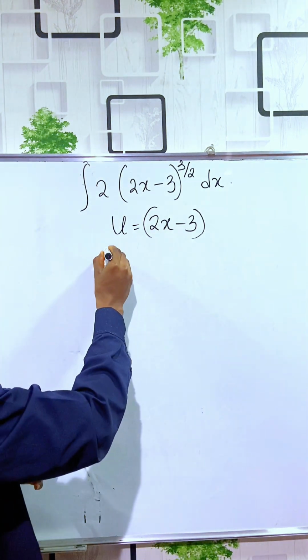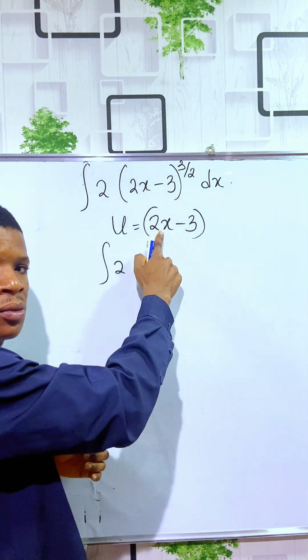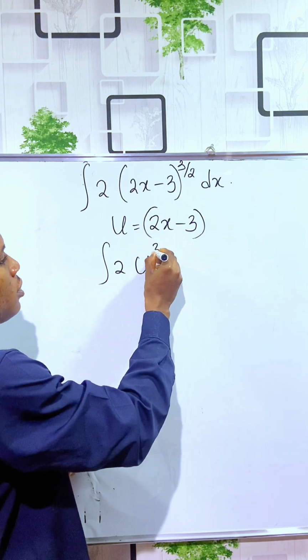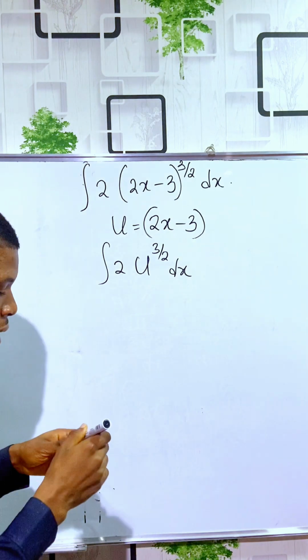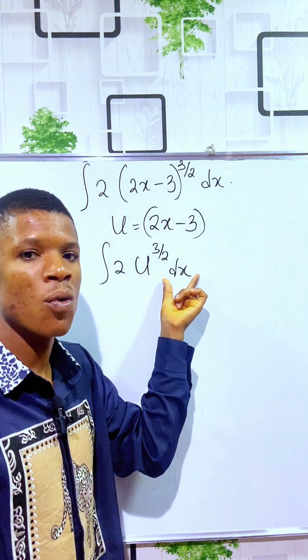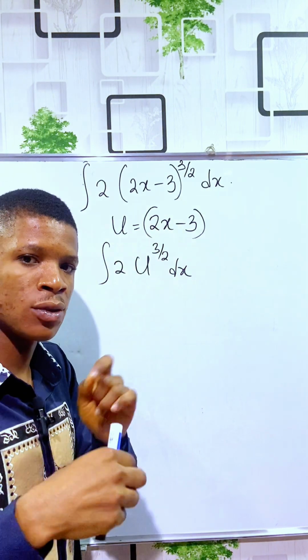To do that, you can now see we have the integral of 2 times u, since u is now 2x minus 3, u to the 3 over 2, dx. Then again, how do we replace the dx? For us to get dx, we have to differentiate u with respect to x.